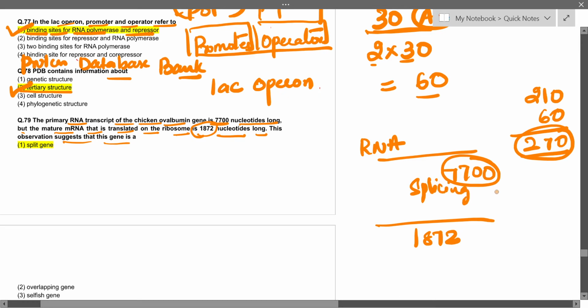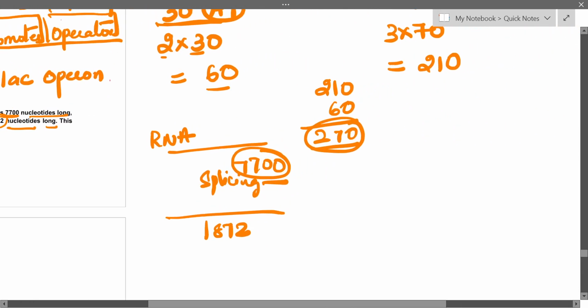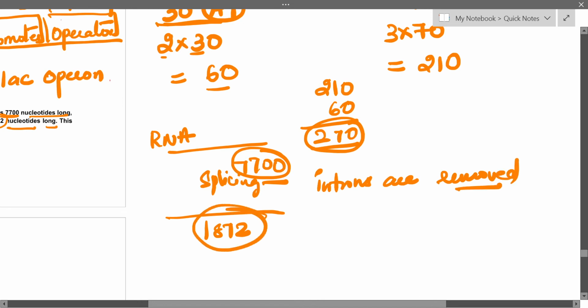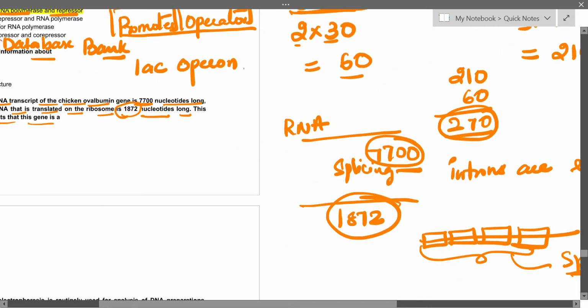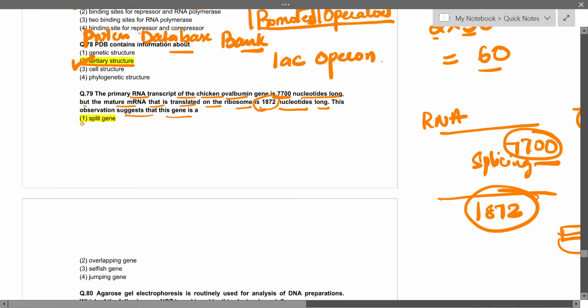In the process of splicing, the introns are removed. So after removing the introns, we have 1872 nucleotides. When there is the existence of introns and exons simultaneously, this is called a split gene. So here the correct option is split gene.